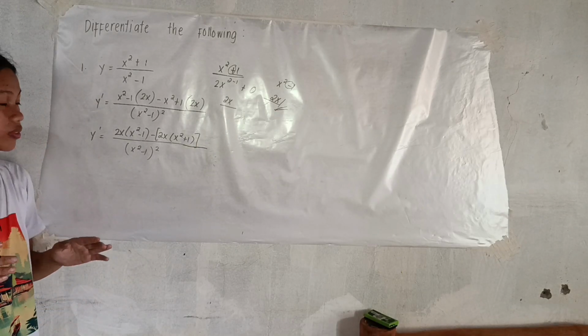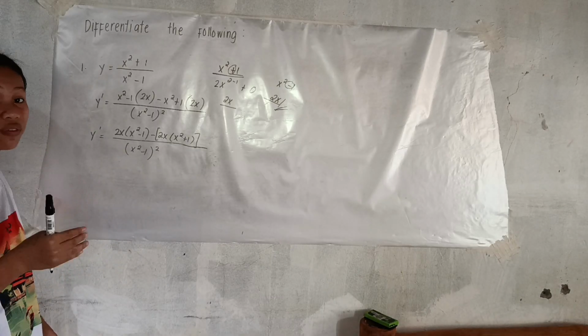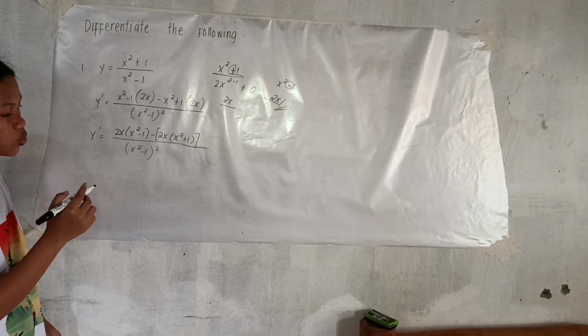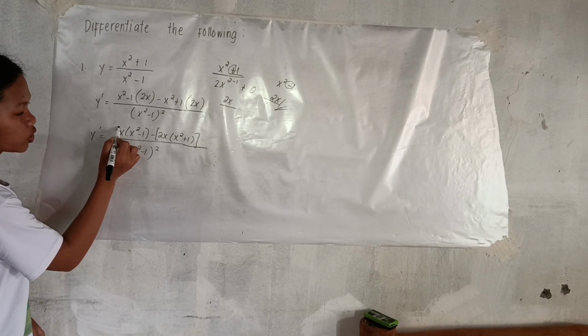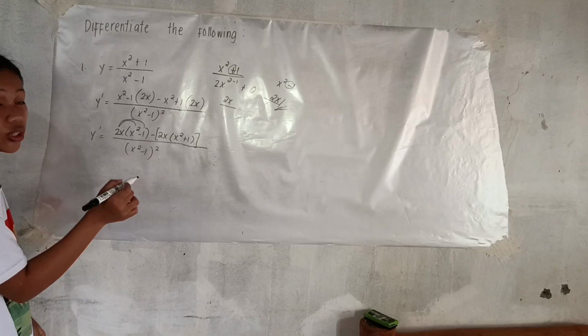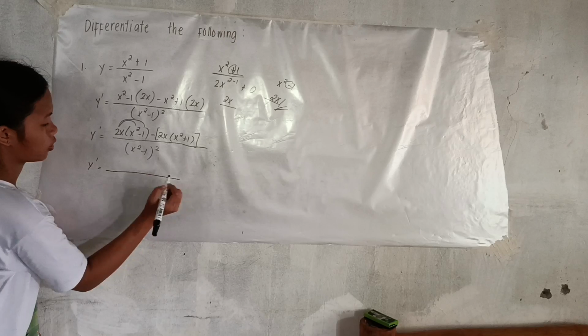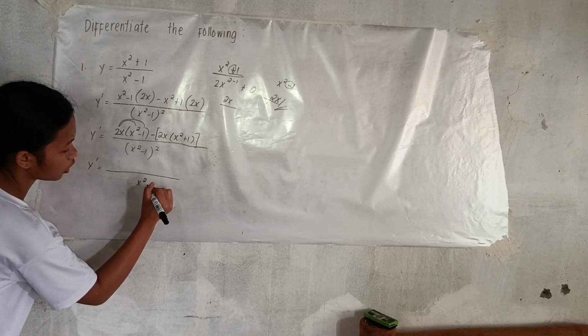So, as you can see, wala pa siya na-simplify. So, para ma-simplify nato siya, kani, ato ni siyang i-multiply or i-distribute. This is distributive property. So, copy the denominator lang gihapon.